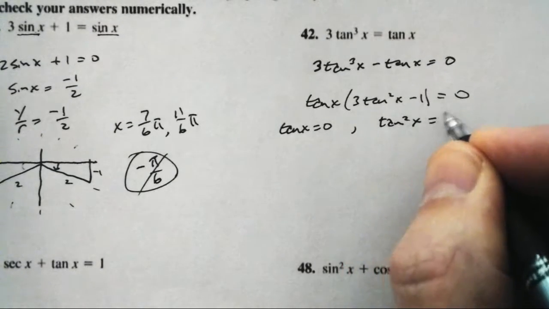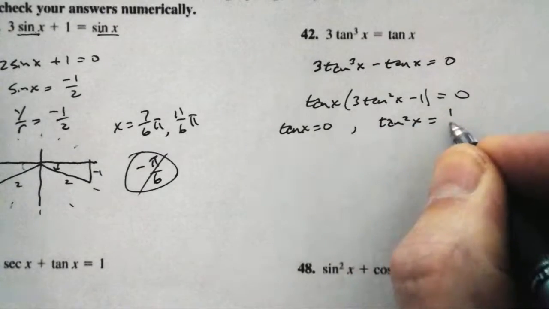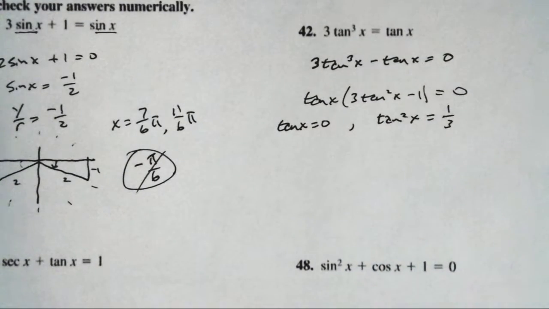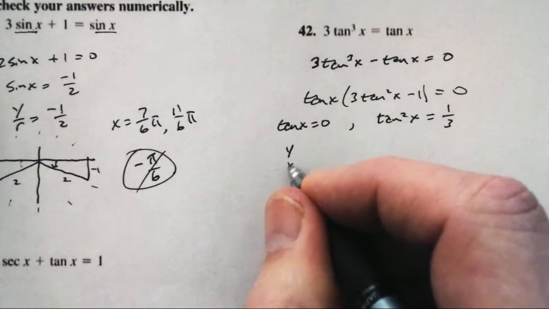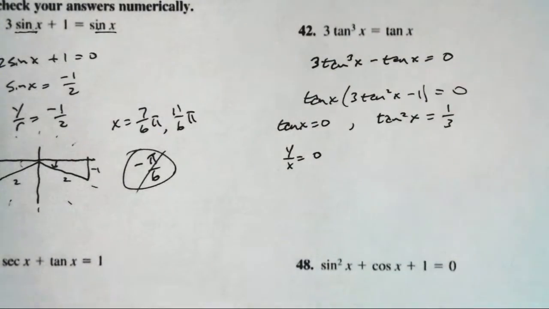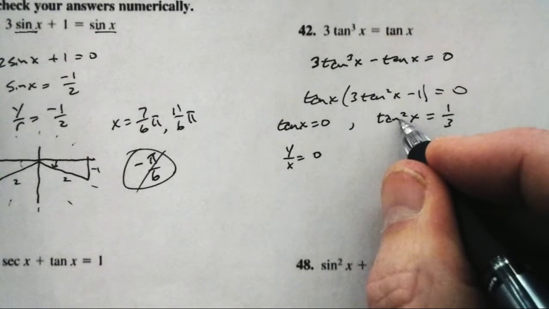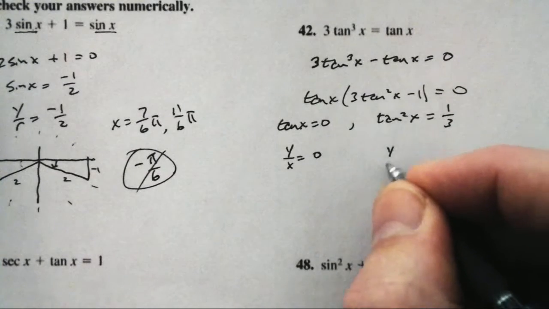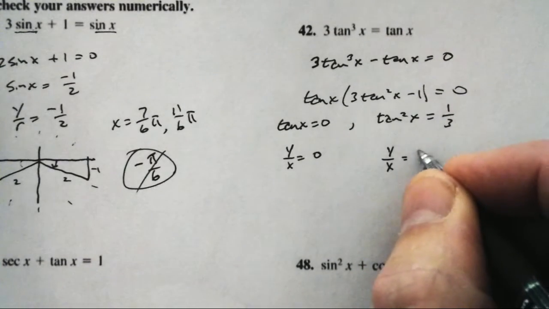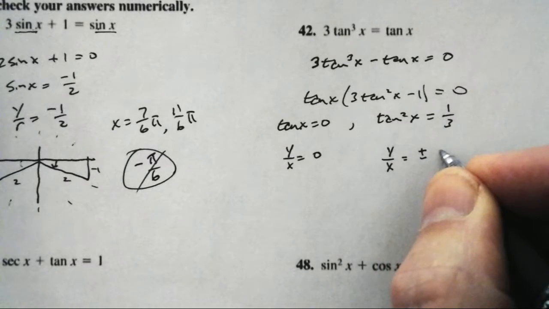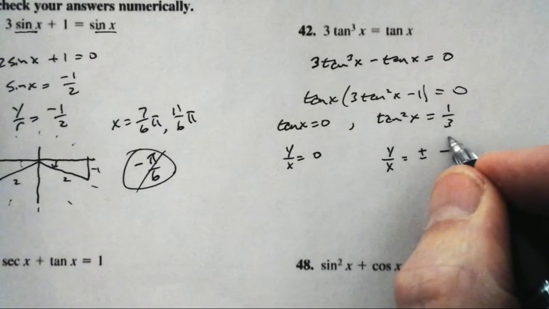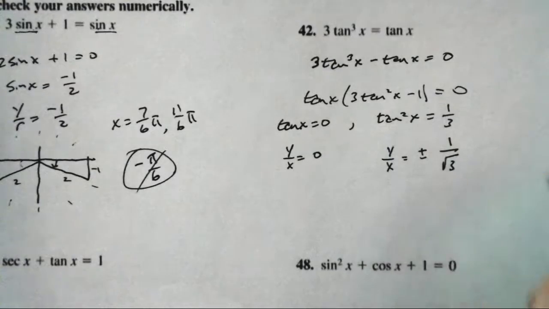Tangent squared of x equals add 1, divide 3. So that's y on x equals 0. Square root of both sides, y on x is plus or minus square root of 1, which is 1 on square root of 3.